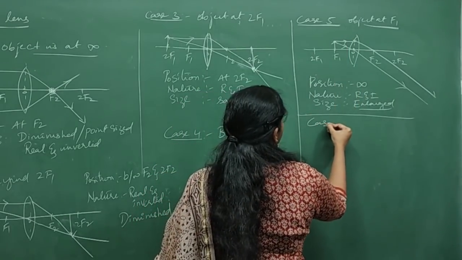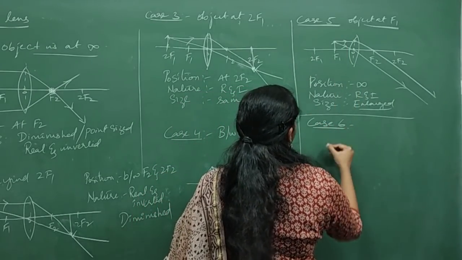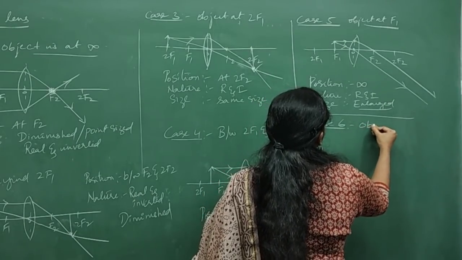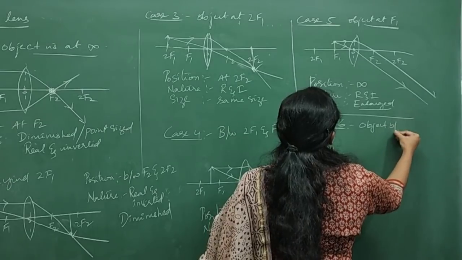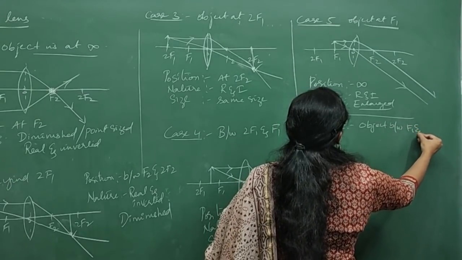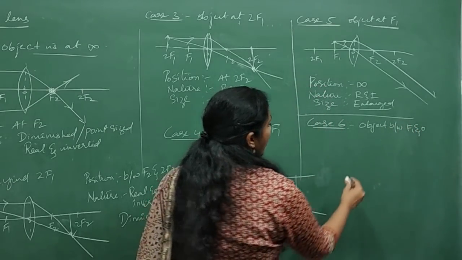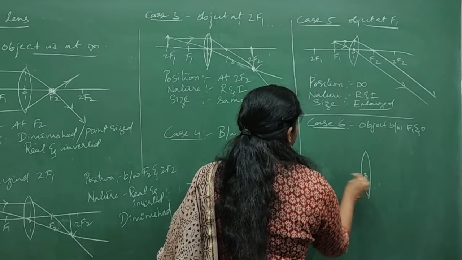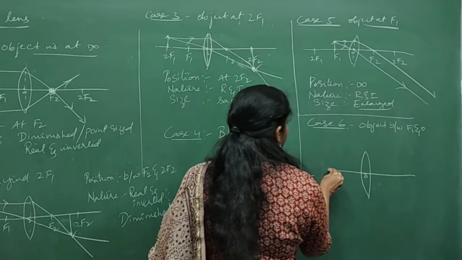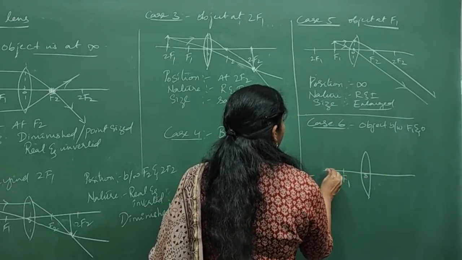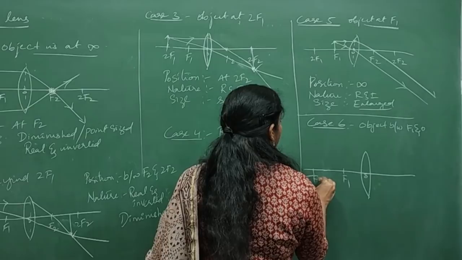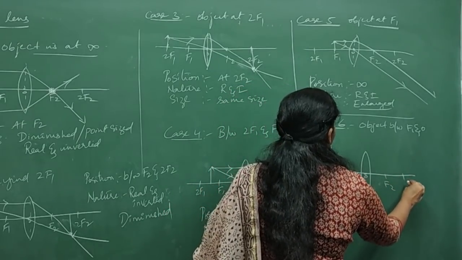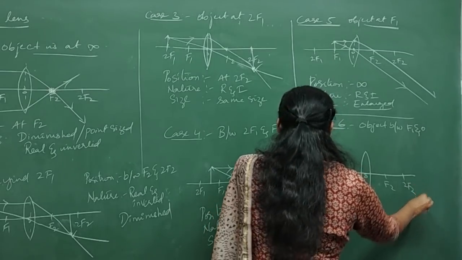And case 6, which is very, very important, and that is exactly if I place my object between F1 and optic center O. So how do I show the ray diagram in this case? Say this is optic center O, and this is our F1, and this is our 2F1, this is F2, and this is 2F2, right?